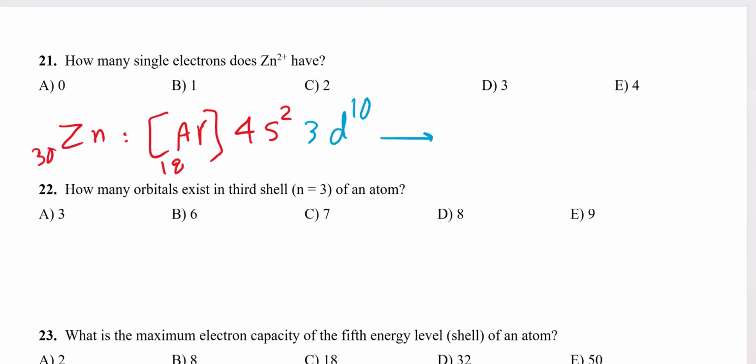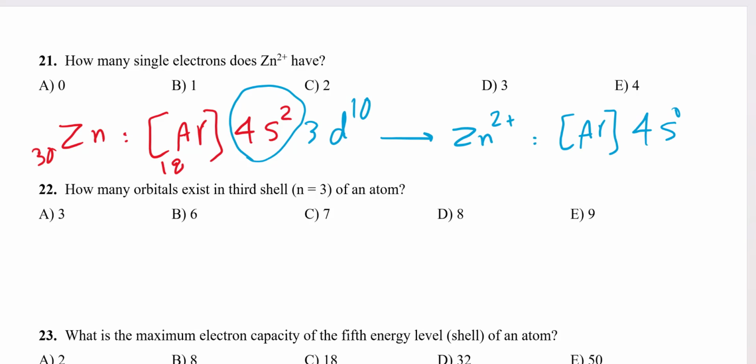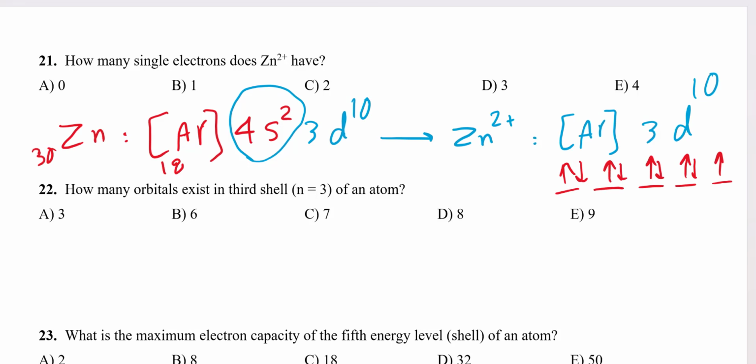When we have the zinc cation, the 2 electrons should be taken off from the valence shell, the outer shell, which is 4s2. So 4s2 converts to 4s0, which we don't write. And we have 3d10. d10 is completely filled with electrons, and there are no single electrons. So it is a diamagnetic cation.